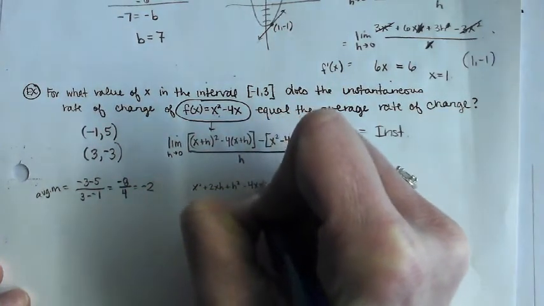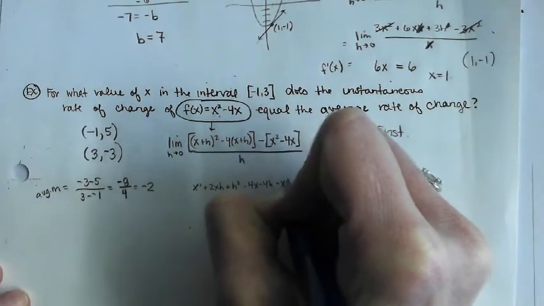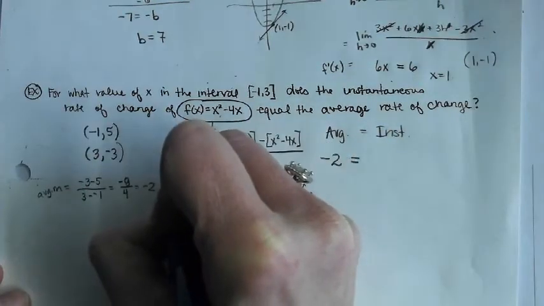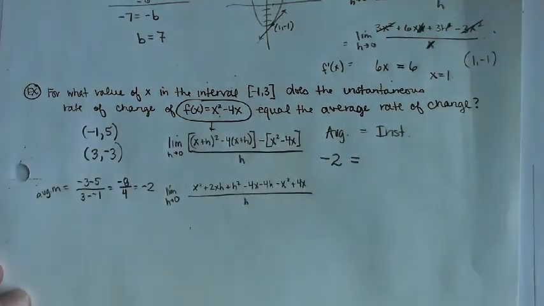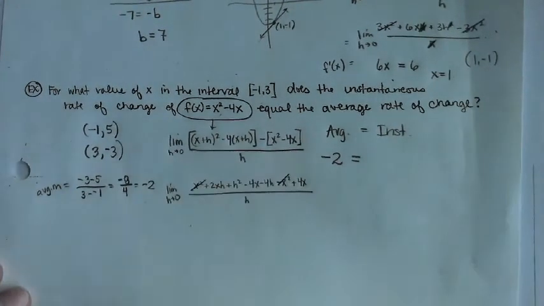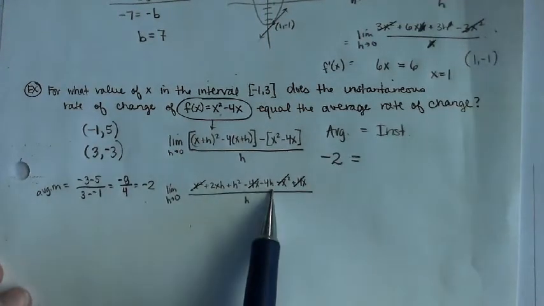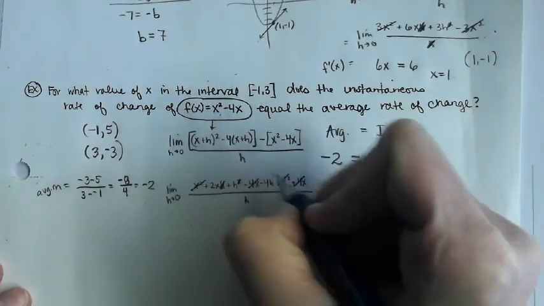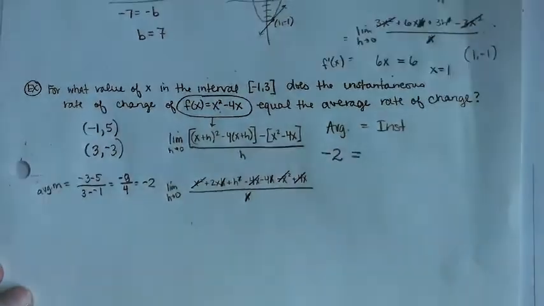Do all your distributing. And you're canceling. X squared minus x squared is gone. Minus 4x plus 4x is gone. All of my terms have an h in them, so I can cross out one h from each of these up top and lose my h in the denominator.